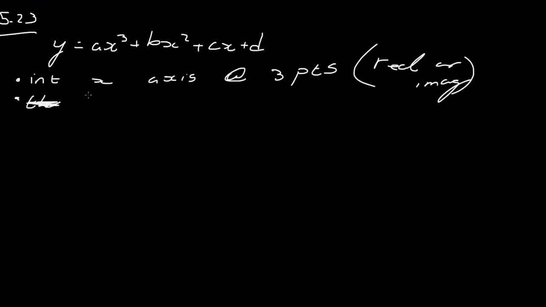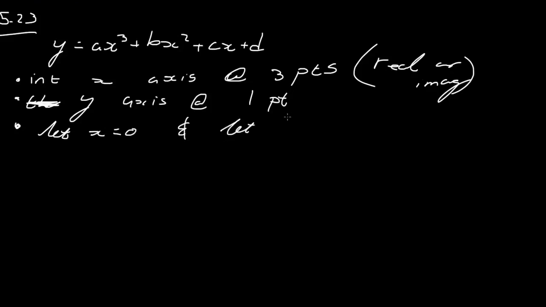And it intersects the y-axis at 1 point. To find these, as with the straight line and all the other graphs, we can let x equal 0 and let y equal 0.